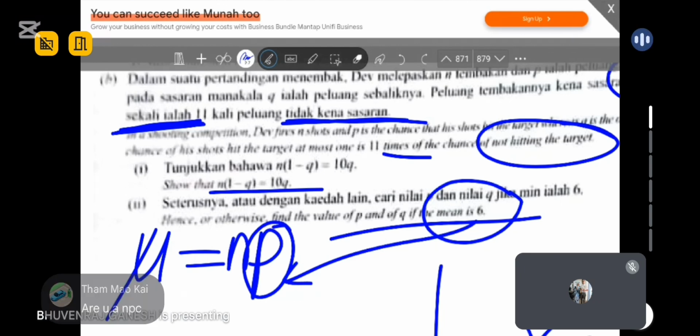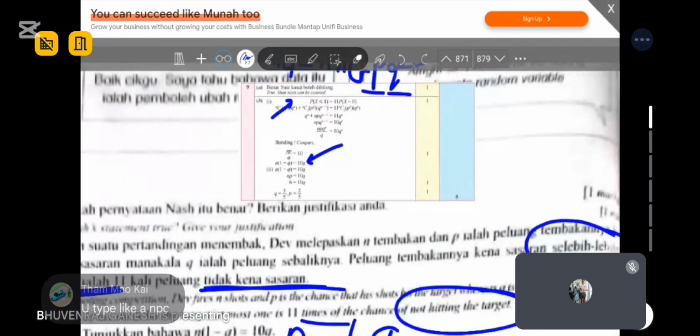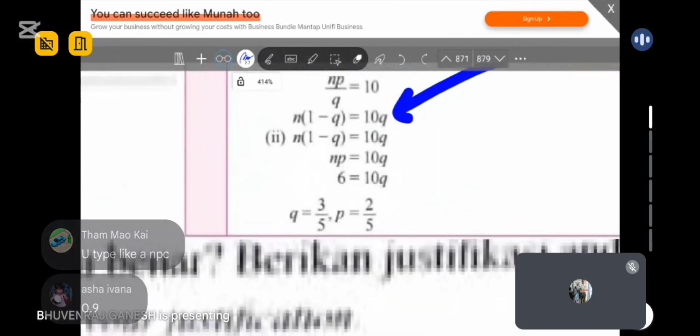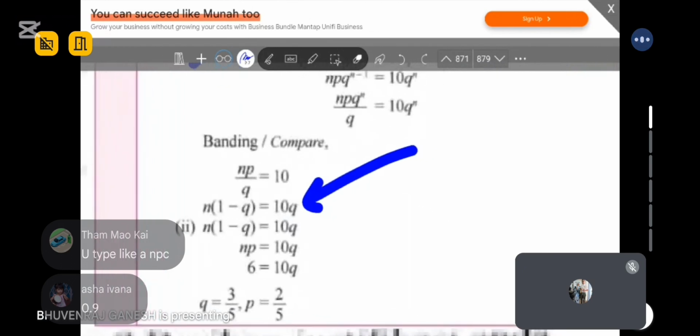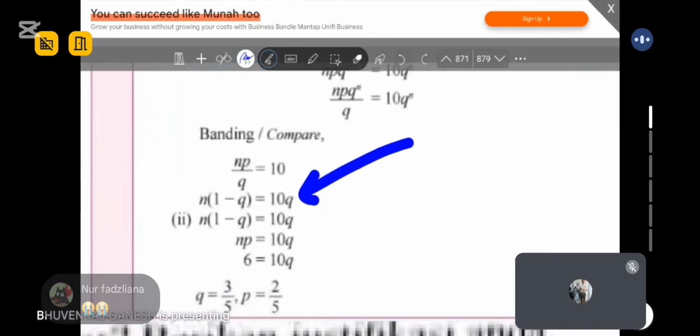Okay. So p is equal to 1 minus q. Am I right? p sama dengan 1 tolak q. Betul? So means that my np is actually equal to 10q. Betul? Okay, so then they already tell you that your mean is 6. Maksudnya np sama dengan 6.